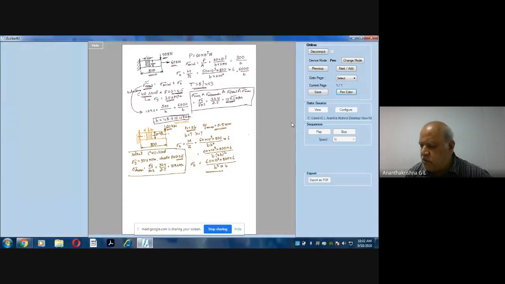Because there is no other type of load acting, sigma b itself is sigma design. That's equal to 60 into 10 power 3 into 800 into 6, divided by 4b cube. Give me the value of b, and in turn give me the value of h, because h is equal to 2b. Just give me these values.